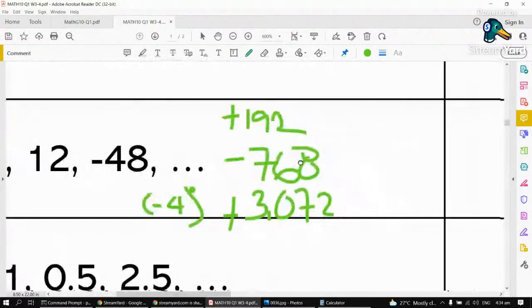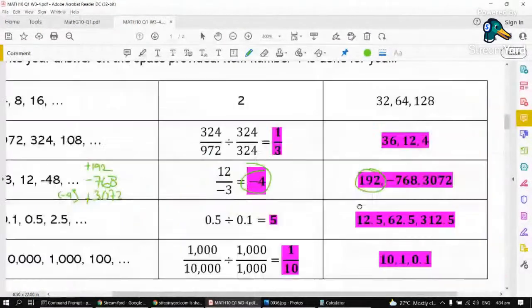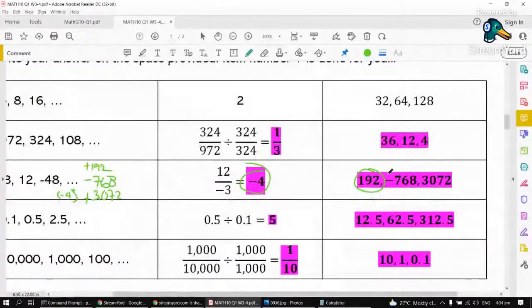Okay, so yan yung next three terms. Check natin. Positive 192, negative 768, and positive 3072. Okay?